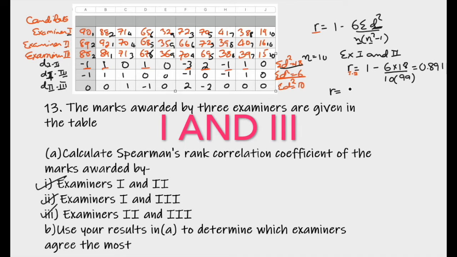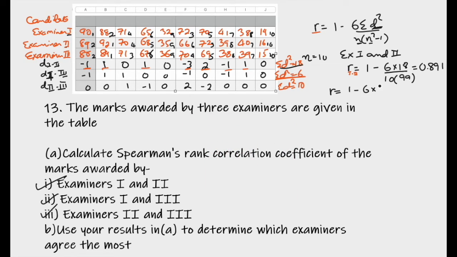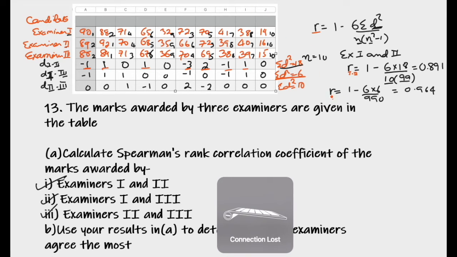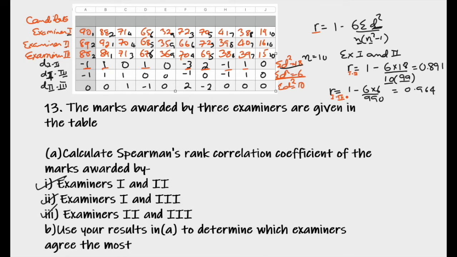So R equal to 1 minus, this time it will be 6 times 6 over 990. 10 times 99 is 990, which is 0.964. And that one was 1 and 3.